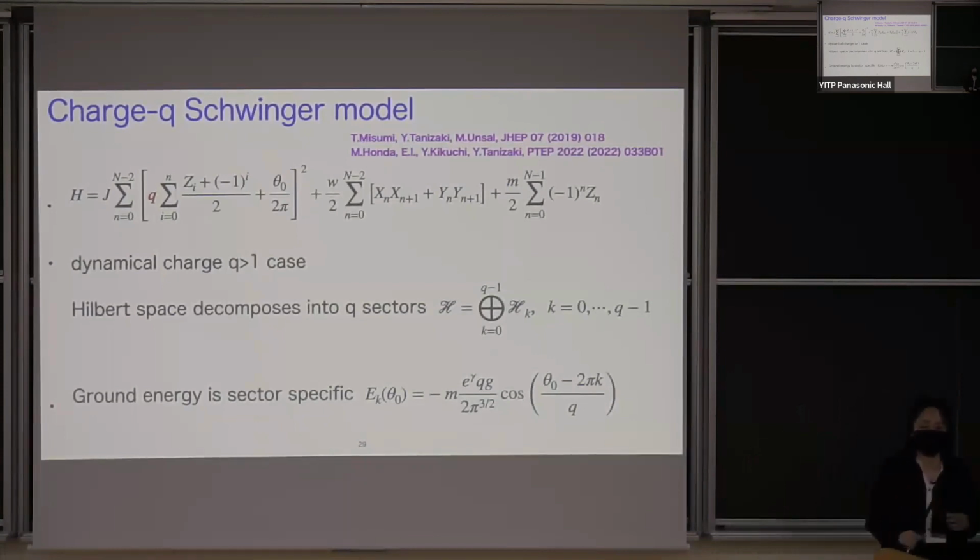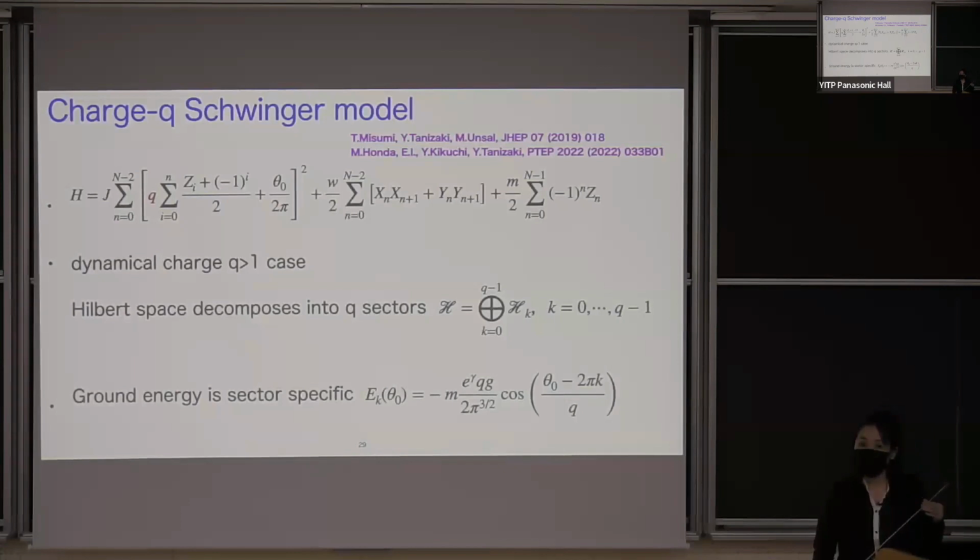I see. In this case, the Hilbert space decomposes into Q sectors. Can you write this Hamiltonian uniformly? Doesn't it depend on the sector?